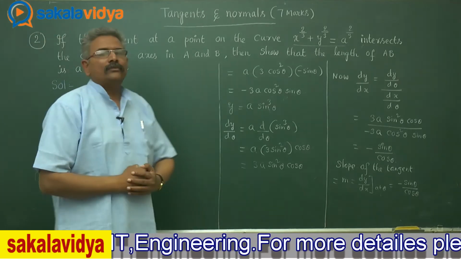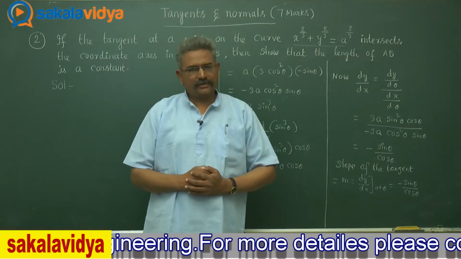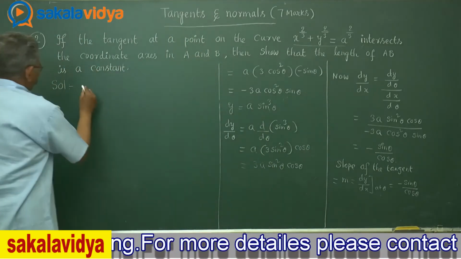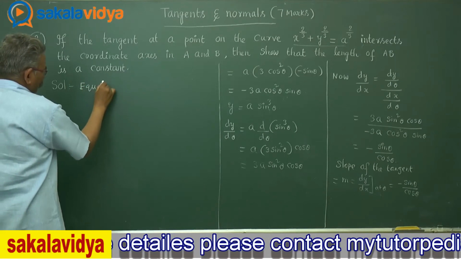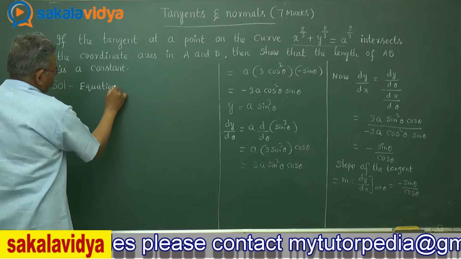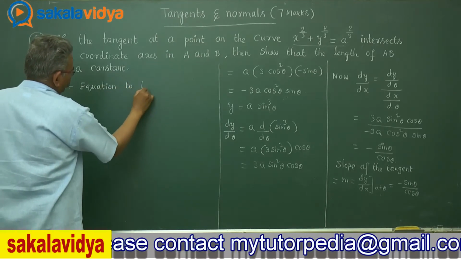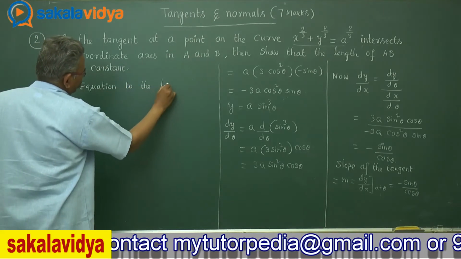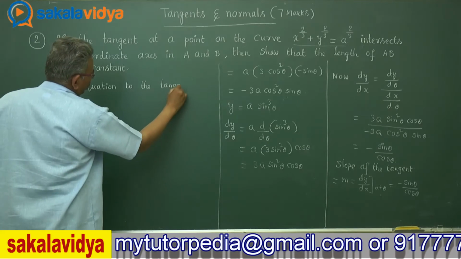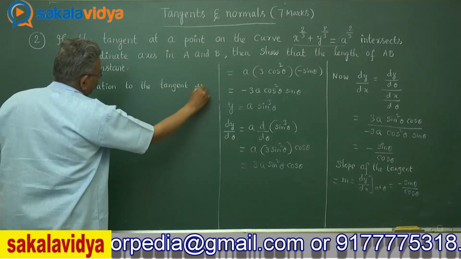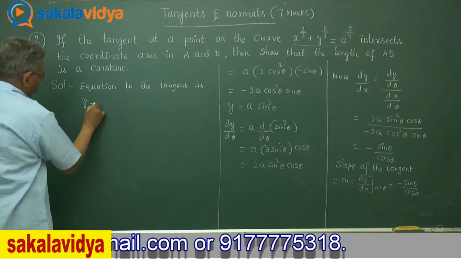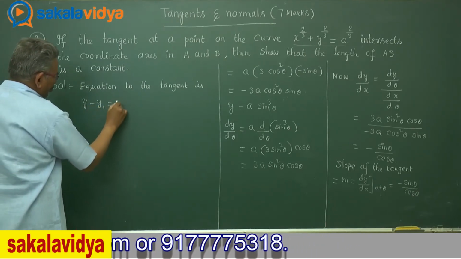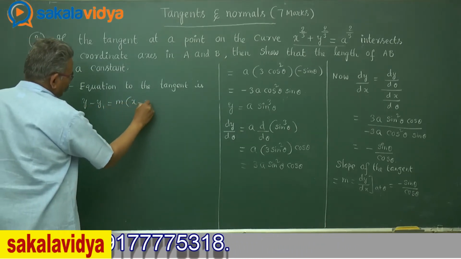Now we need to find the equation of the tangent. The equation of the tangent is given by y minus y1 equals m times x minus x1.